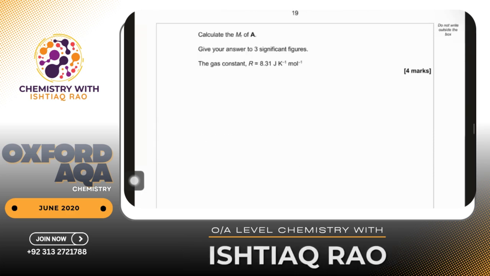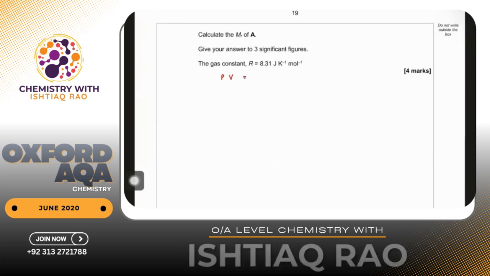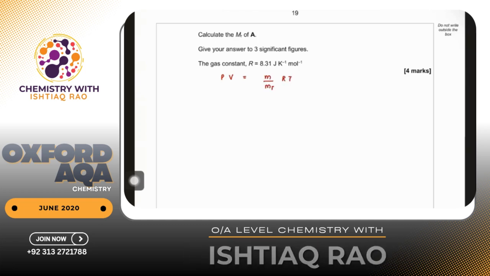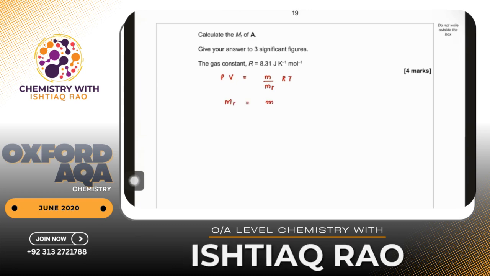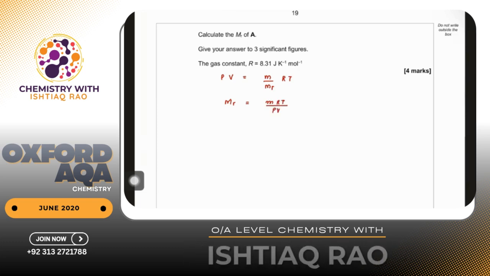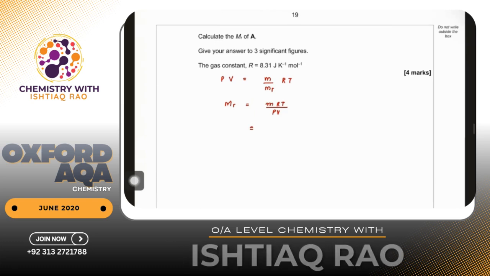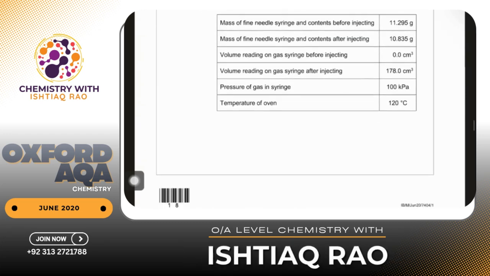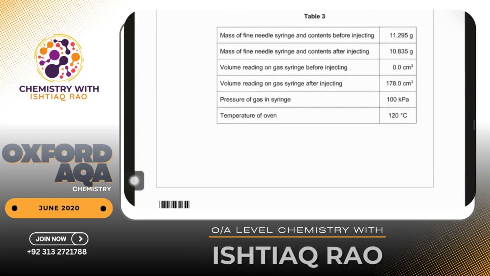So basically, PV equals to mass over MR into RT. MR would be equal to mRT over PV. So what is mass?